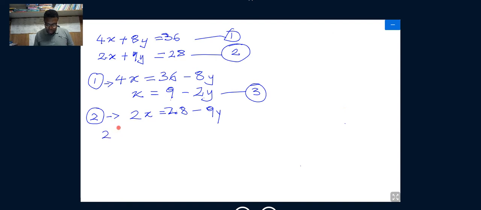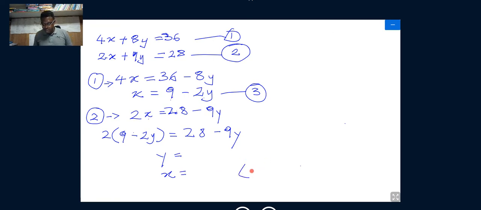We are going to substitute in place of x, we are going to put 9 subtract 2y, equal to 28 minus 9. You solve for y. After finding the value for y, you solve for x, and then you specify the points of intersection.